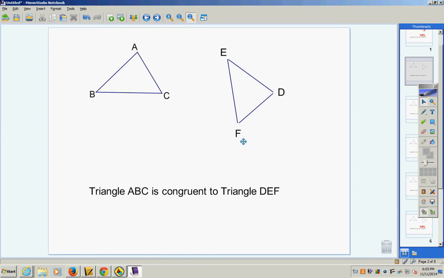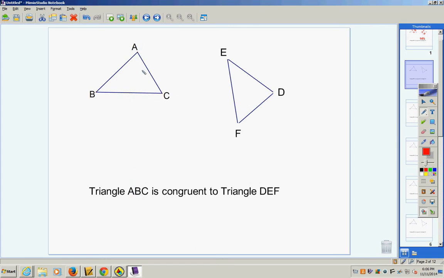And hopefully you're copying down these examples too. All right, so there's side, side, side. In this one, I'm going to make some more marks, but I'm not going to make side, side, side marks.